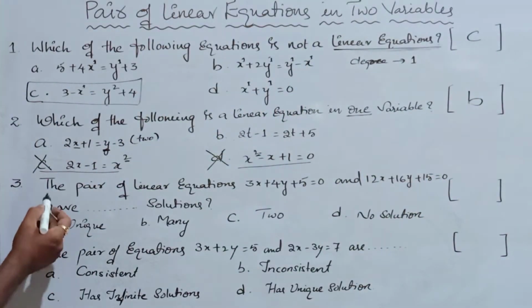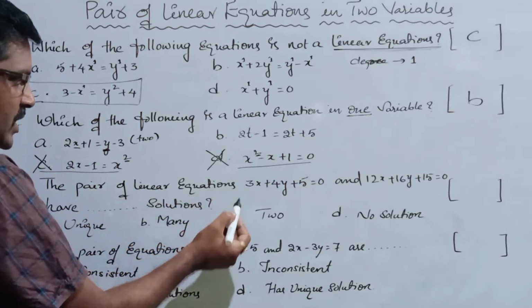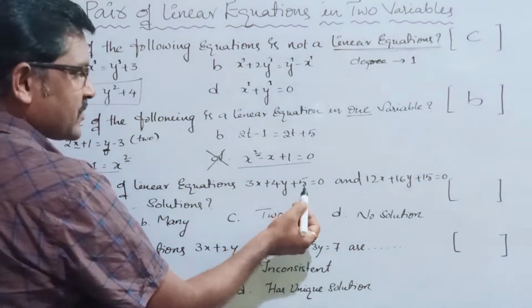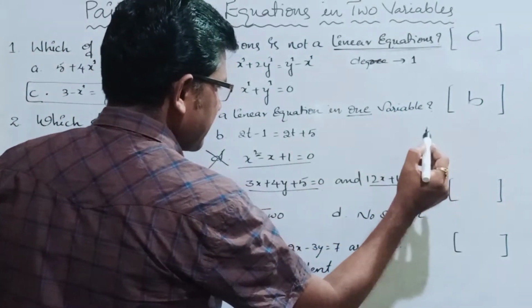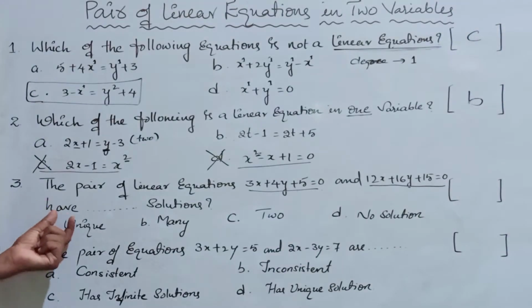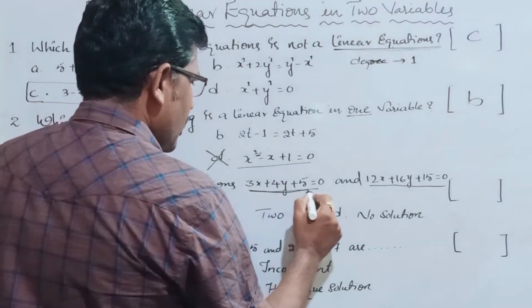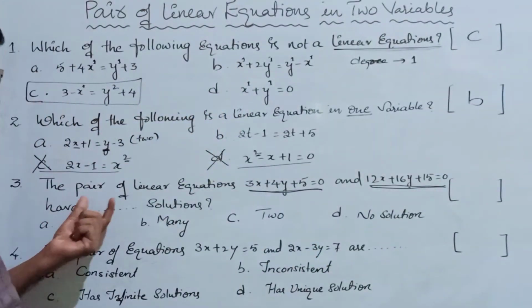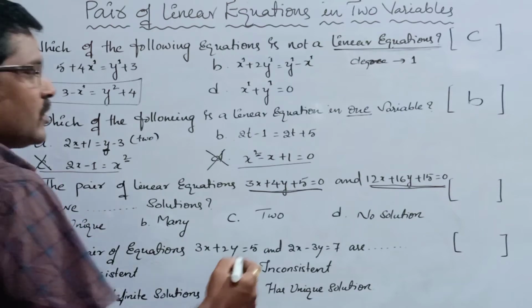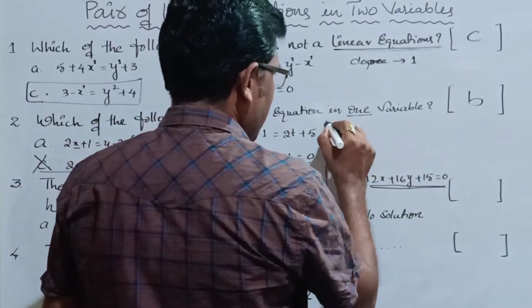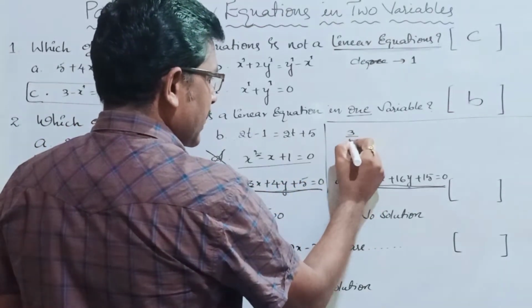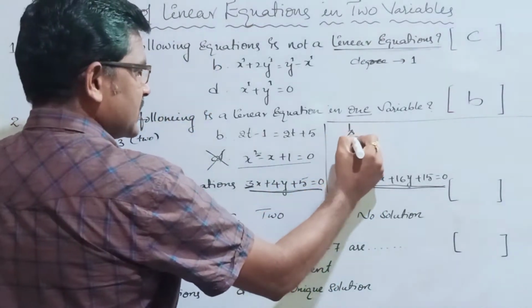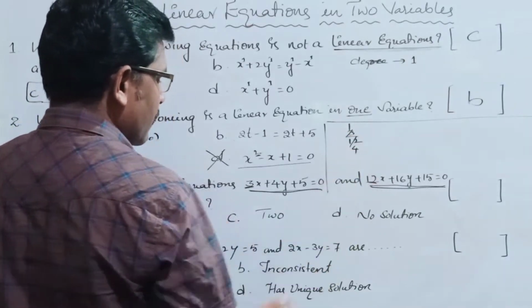Then the third question: the pair of linear equations 3x plus 4y plus 5 is equal to 0 and 12x plus 16y plus 15 is equal to 0 have dash solutions. So let's check out the problem. a1 by a2 is 3 by 12, that is 1 by 4.